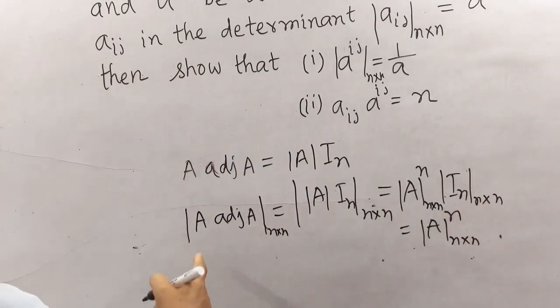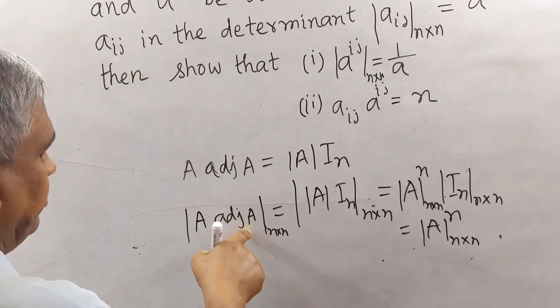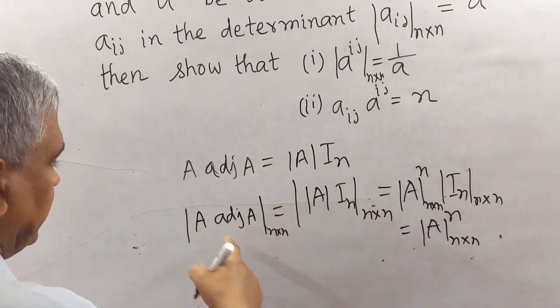Now the left side is the product of matrix A and adjoint A, and this is the determinant.